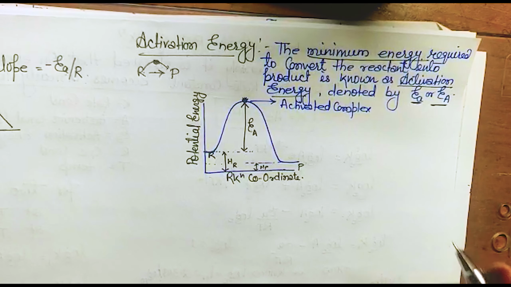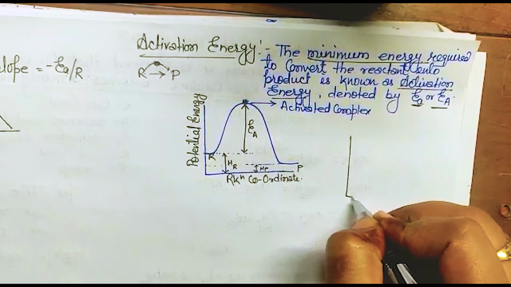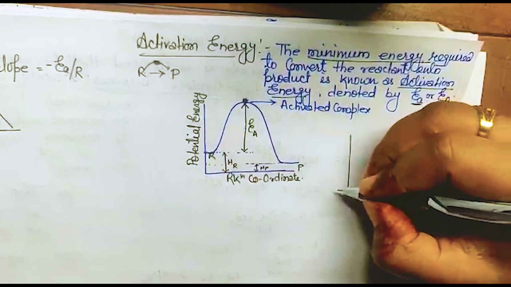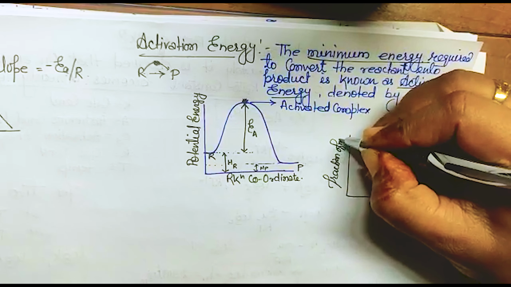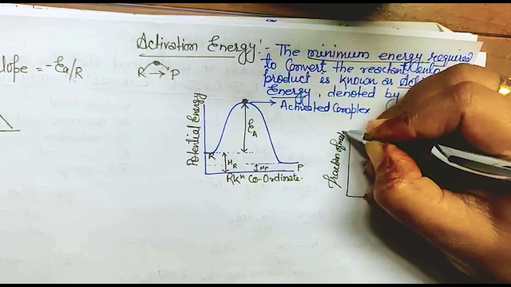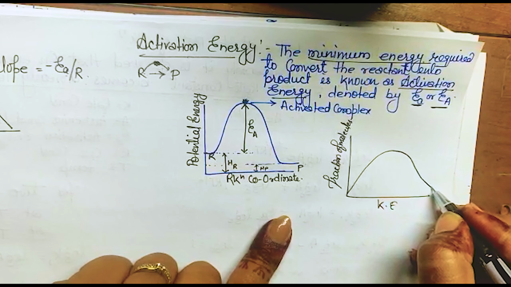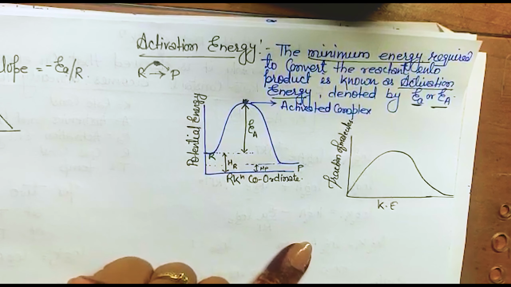So if we plot a graph between the fraction of molecules on the y-axis and the kinetic energy on the x-axis, we will get a graph like this. Got it?